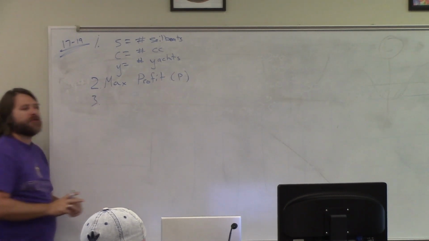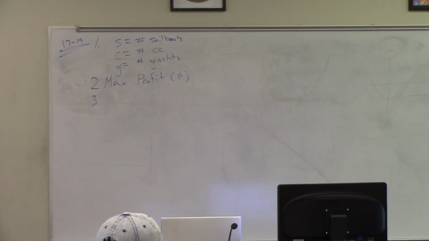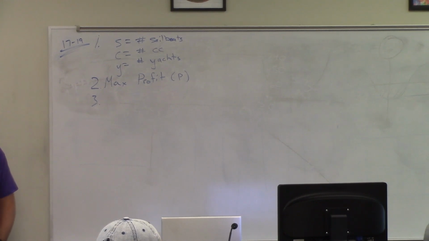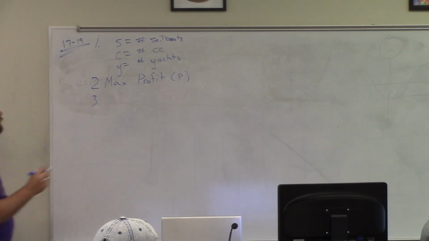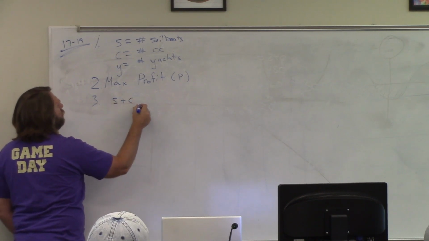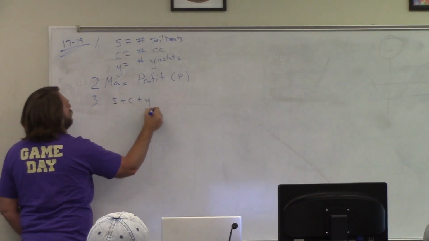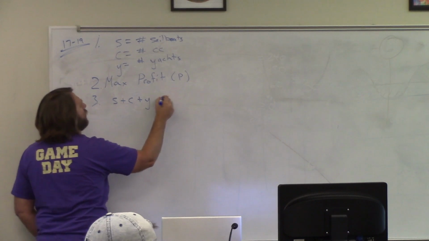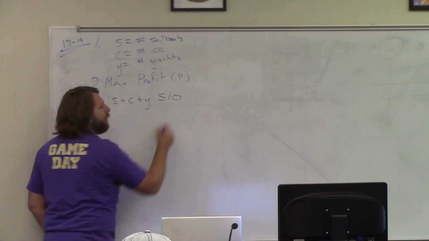And what are our constraints? Let's go to this table right here. Can you give me one of the constraints from problem 19? So S plus C plus Y is less than or equal to 10, right?